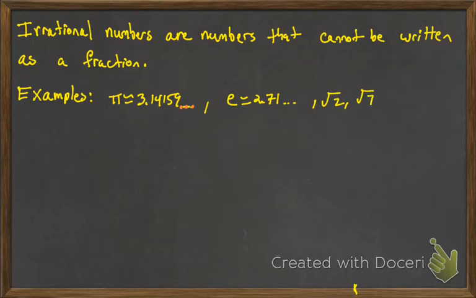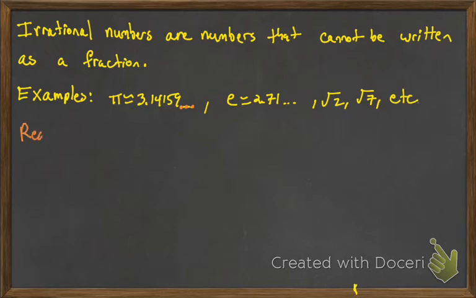And then any square root of a non-perfect square is irrational. To give an example of a natural number that has a square root, the square root of 36 is 6, so that's a natural number.